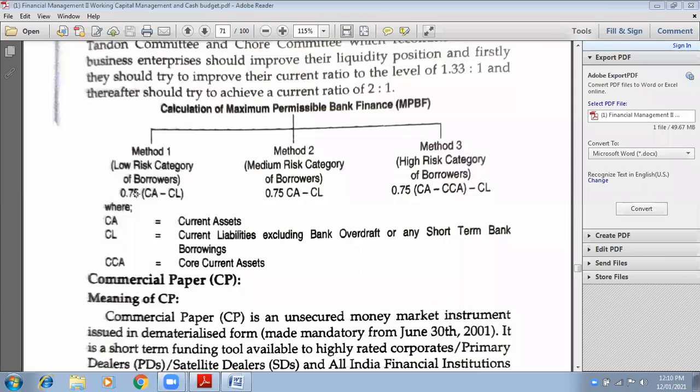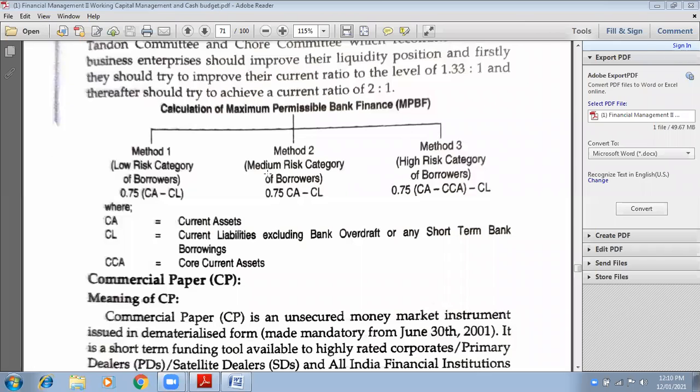You have to take 75 percentage of that amount, and that amount will be known as maximum permissible bank finance. That means, suppose that amount is 10 lakh 20,000, then not more than 10 lakh 20,000 will the bank give you as finance. Is that clear?